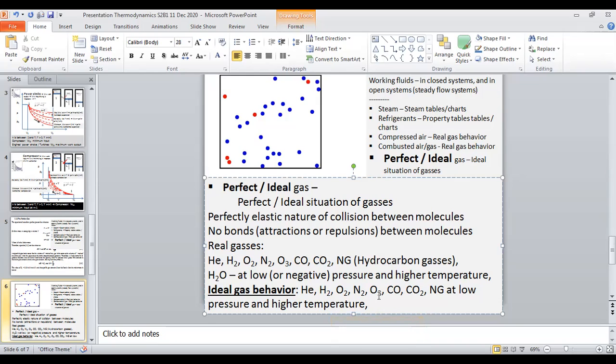So ideal gases. Now you know that any real gas can be in the situation of an ideal gas, depending on the pressures and temperatures. Even in the piston cylinder, after combustion, in the power stroke, your pressure is high.